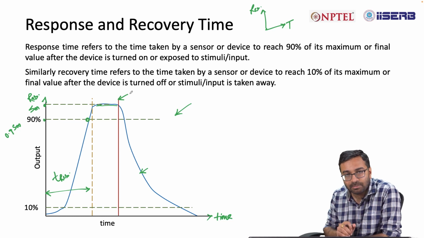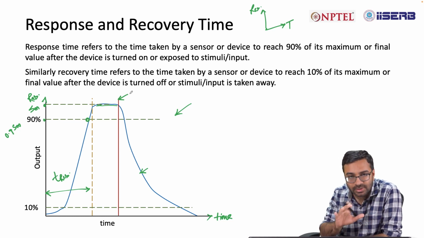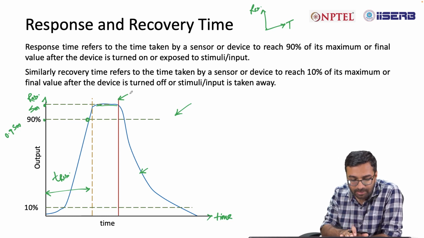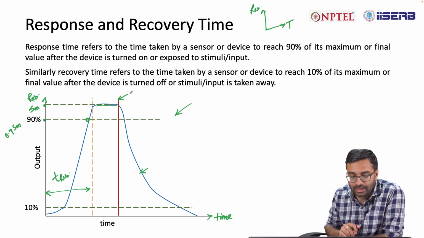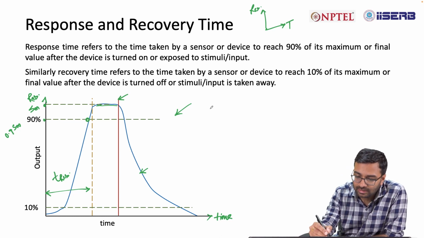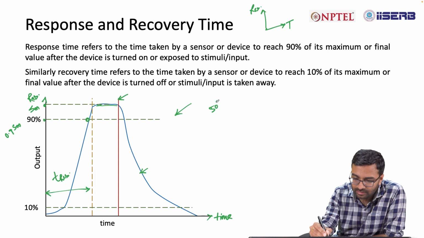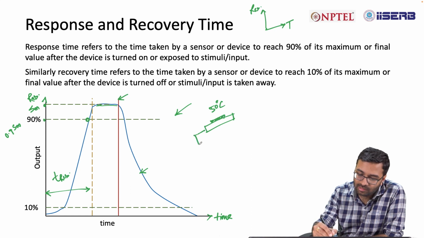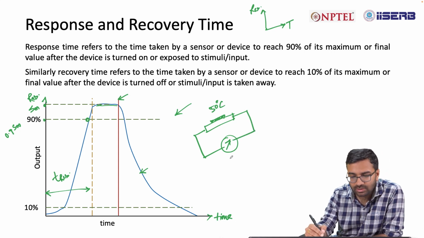Again, we will take an example of a temperature sensor for the sake of simplicity. Say this is a temperature sensor response, wherein you have applied, say, 50 degree centigrade to a temperature sensor, and you have started recording the response of this sensor with respect to time.